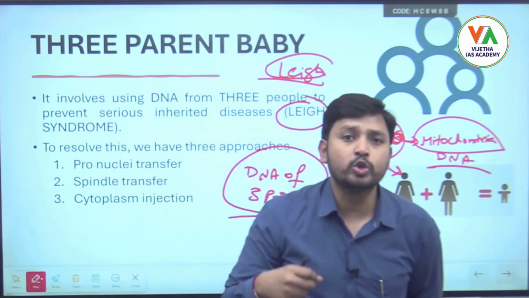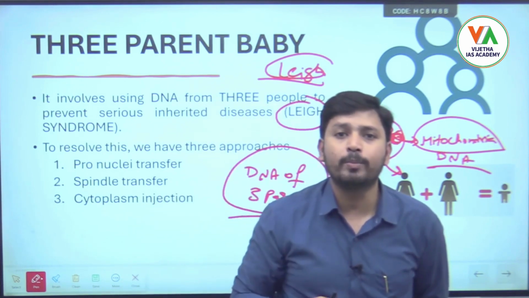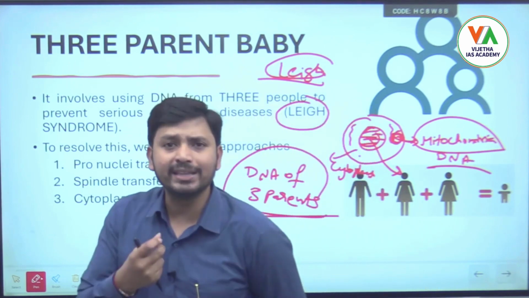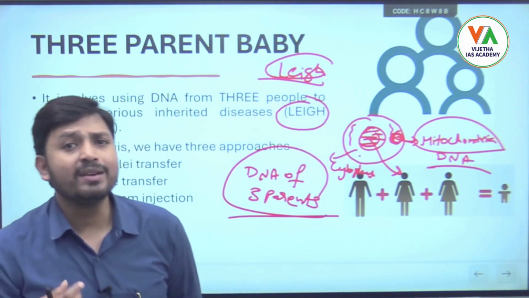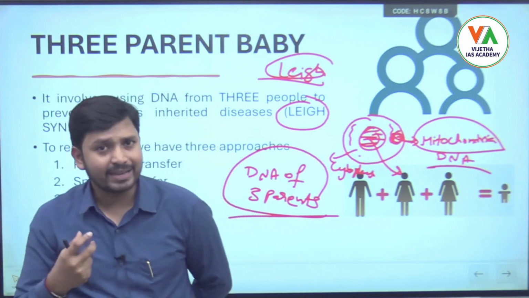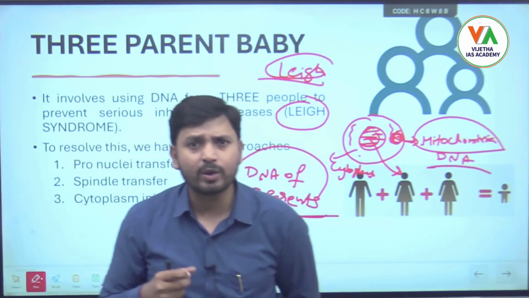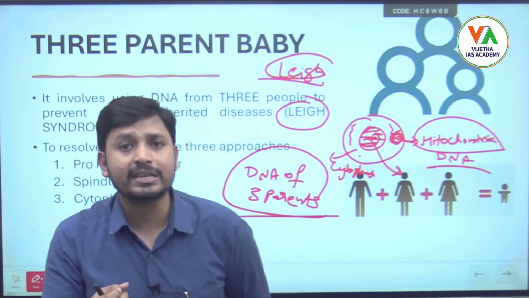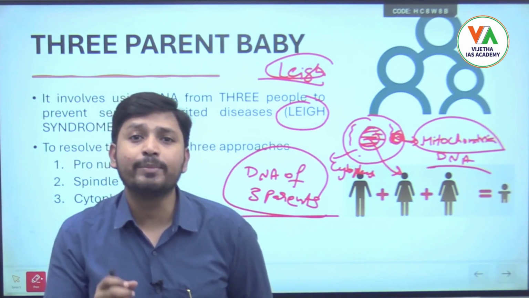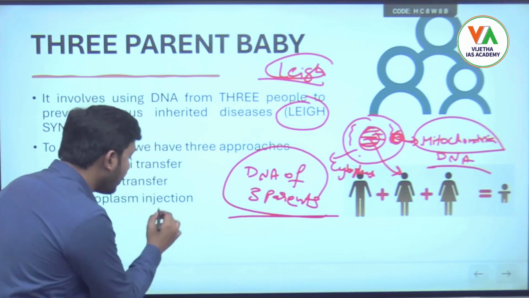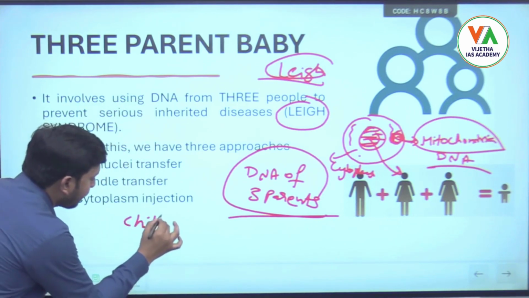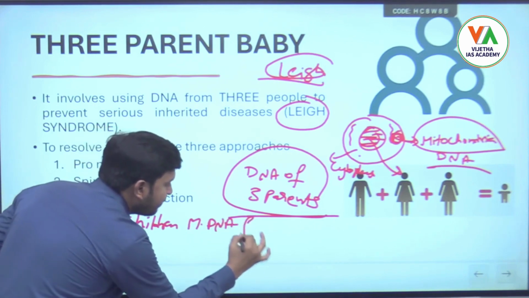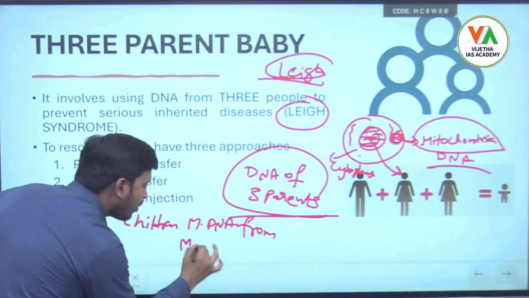So to avoid this Leigh syndrome, we are manipulating the zygotes, or especially the egg, because the mitochondrial DNA entering the children is coming only from the mother. Remember this point: children are getting mitochondrial DNA from the mother only.